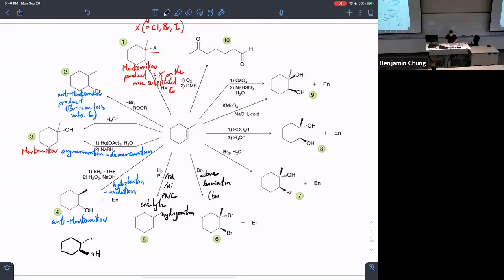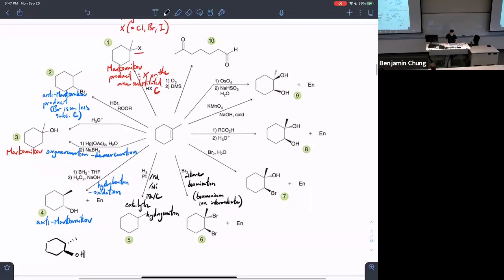I'm just going to write down bromonium ion intermediate, just so you know that that's what happens. And this compound here is called a halohydrin. So that reaction is very creatively just called a halohydrin formation.